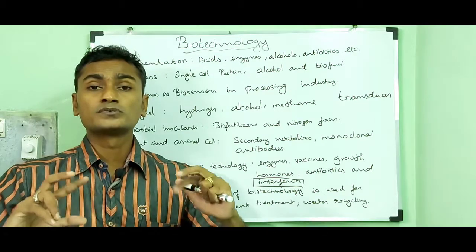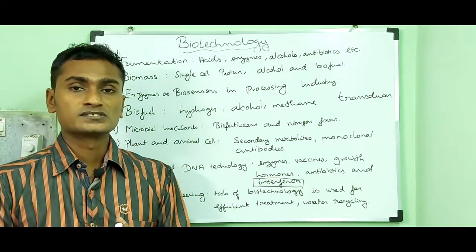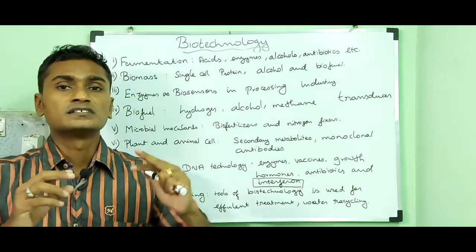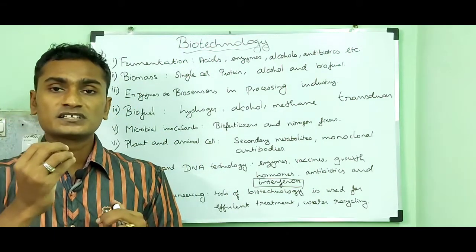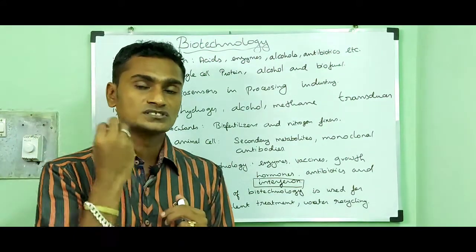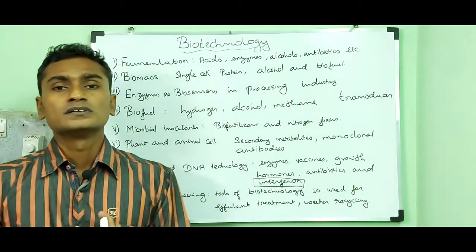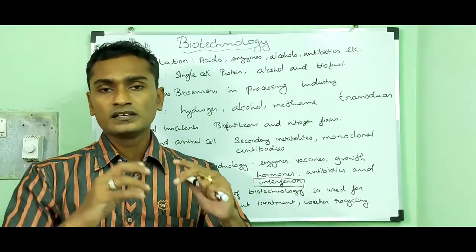For example, we can produce Humulin, that is insulin, human insulin. So we alter the genetic material, and the desired gene can be inserted into the host cell, that is E. coli. E. coli is a bacteria. So that desired gene can be inserted into the E. coli by vectors.